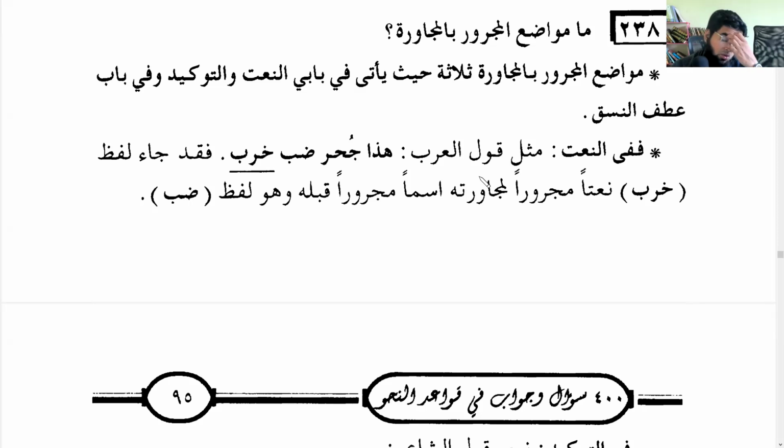وفي النعت مثل قول العرب: هذا جحر ضب خرب. فقد جاء لفظ خرب نعتا مجرورا لمجاورته ما قبله وهو لفظ ضب. ضب is an animal, a lizard, yeah.